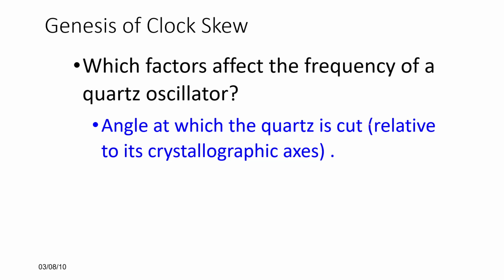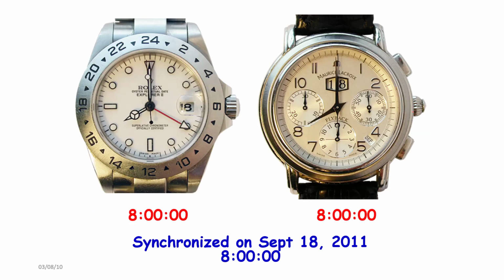Another important one is the angle at which the quartz is cut. This is more of a manufacturing level thing, where with respect to the principal crystallographic axis, how exactly was the quartz crystal cut? So even its design has a say with regards to its target or final frequency. We've already talked about temperature and size.